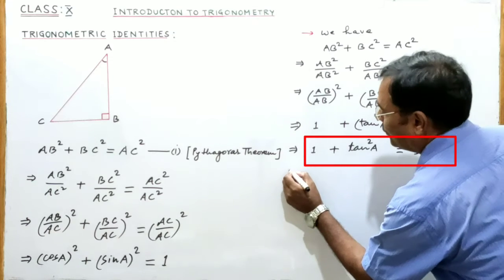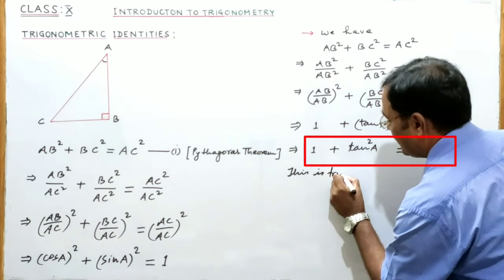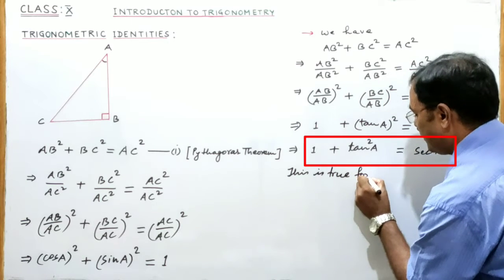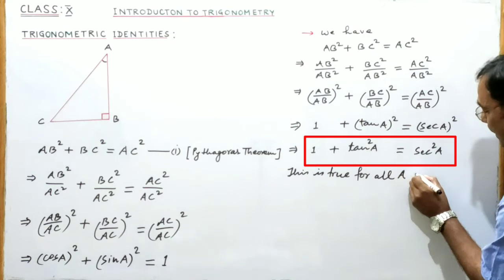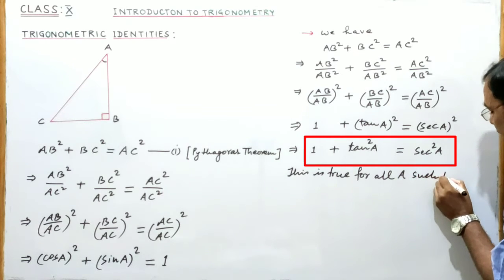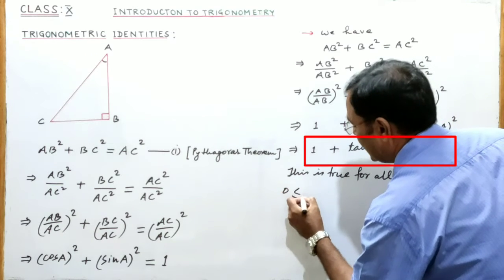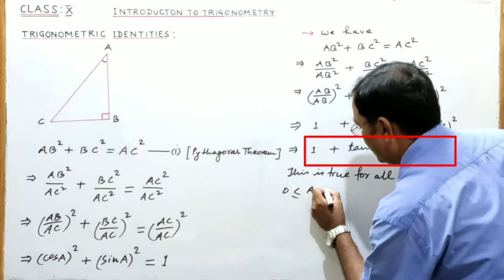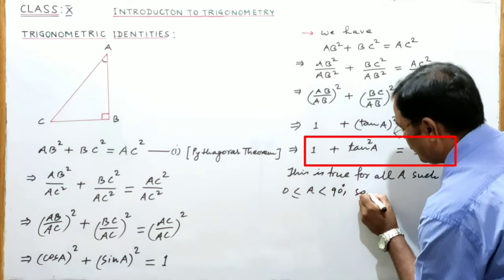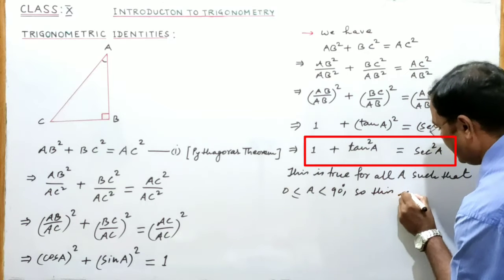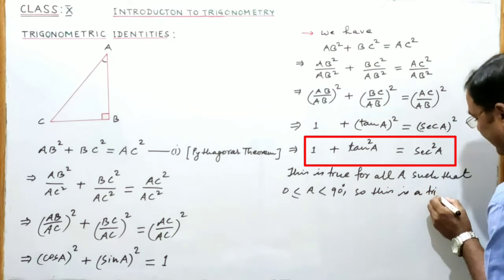So this is true for all acute angles A such that 0 is less than or equal to A is less than 90 degree. So this is a trigonometric identity.